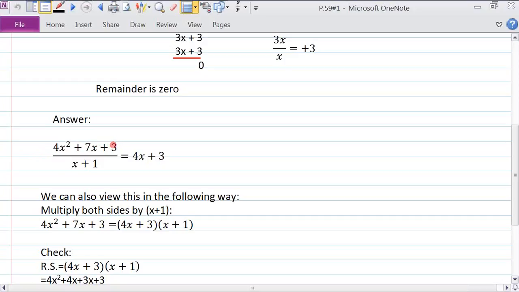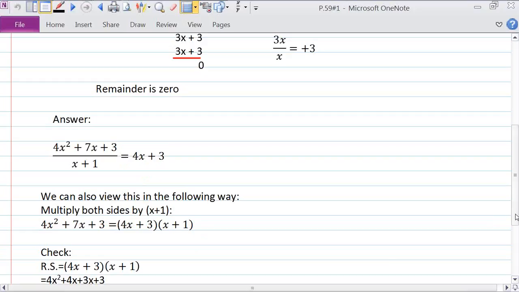In other words, this term here. And what we do to one side, we have to do to the other. So I have to multiply 4x plus 3 times x plus 1. So this equation here and this one are really equivalent.